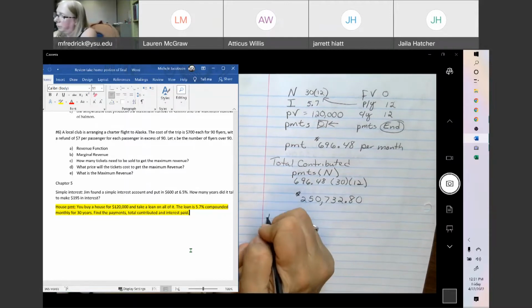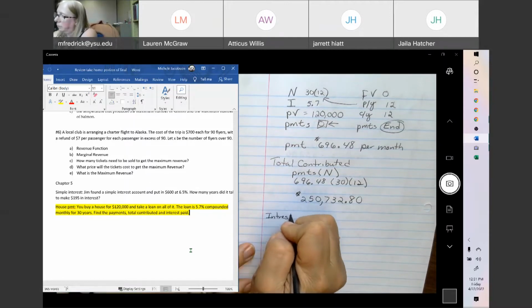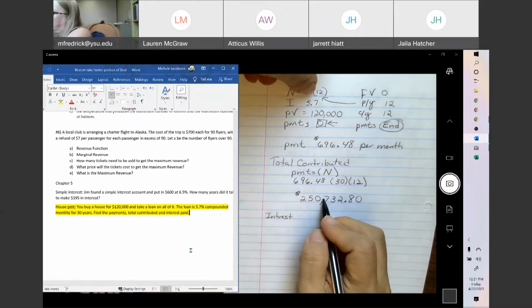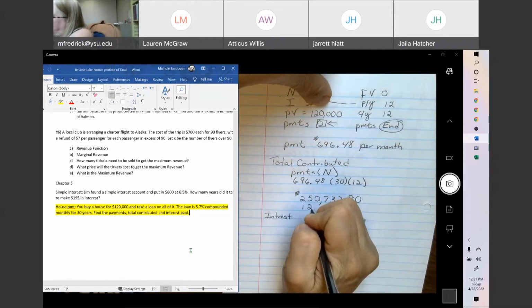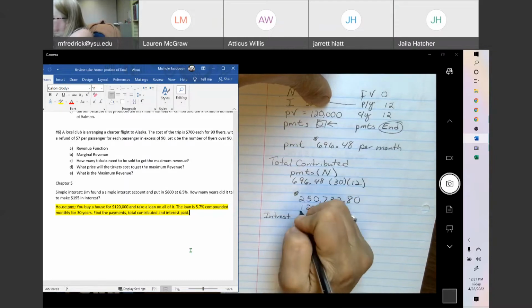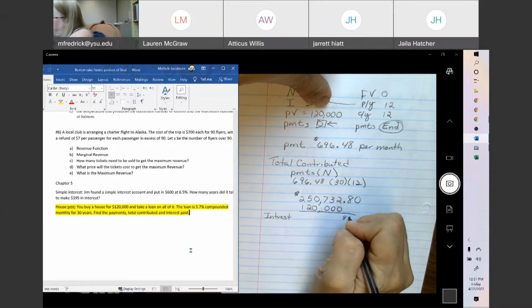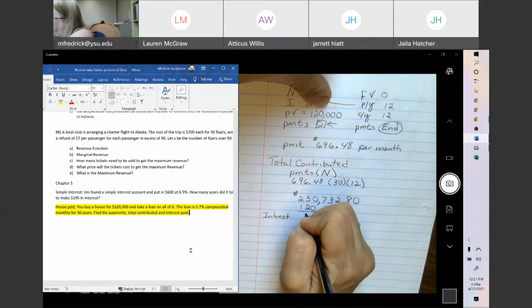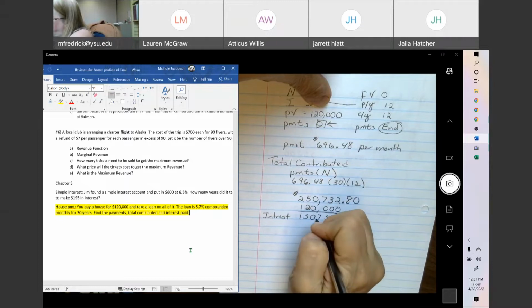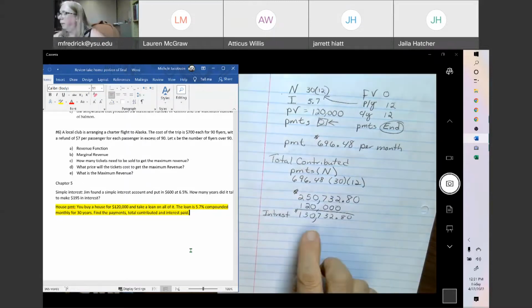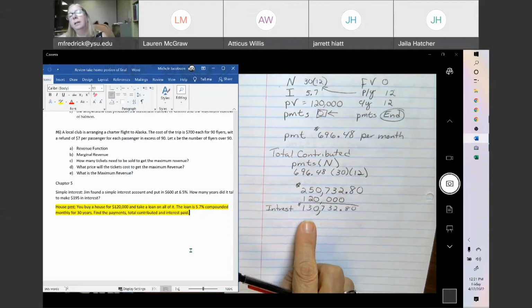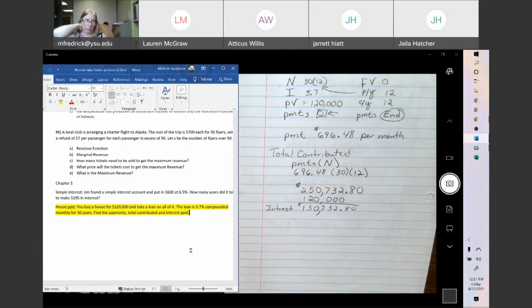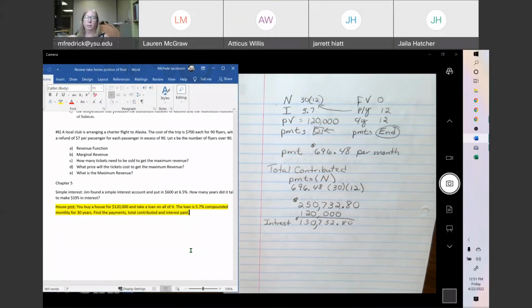To find the interest, just subtract. So you take your contribution minus your P. And pay enough to buy another house. $130,732 in interest. Any questions on that?